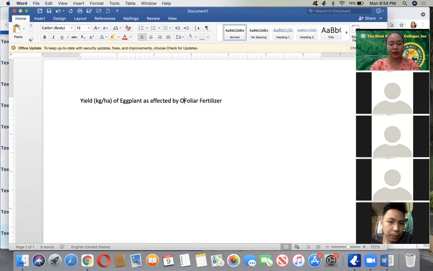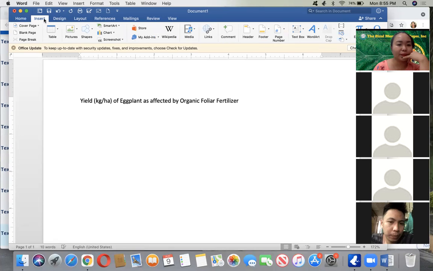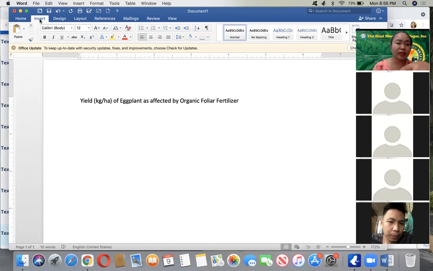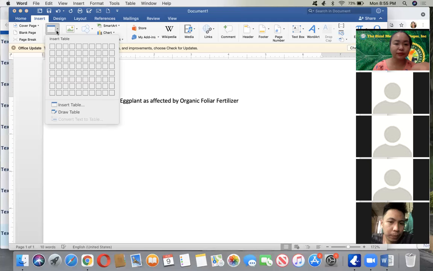or organic foliar fertilizer. So if you are going to make a table on that, and you have 5 treatments, for example, you just insert a table here. It's also the same in Windows. You just insert the table, and let's say you have a title, then 1, 2, 3, 4, 5 treatments, and then let's say your yield has only one data.